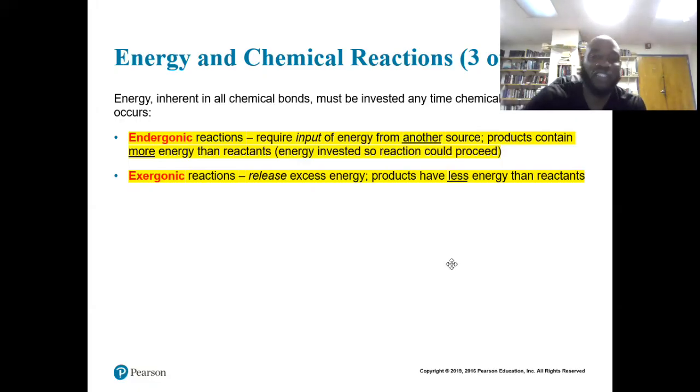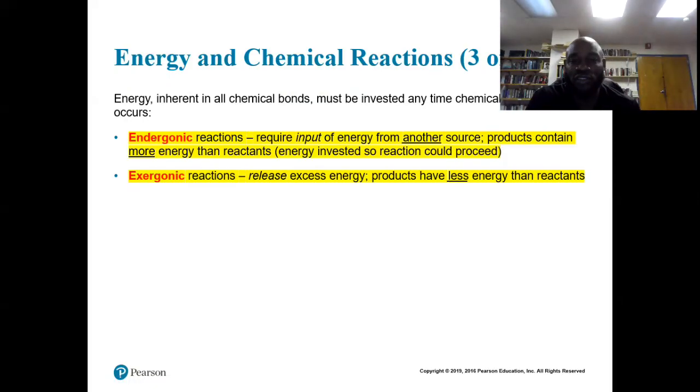Right. And so in this situation, the product contains more energy than the reactants, so you have reactant plus energy equals the product. Exergonic is the reverse, basically. Usually it's something being split apart and it releases energy.